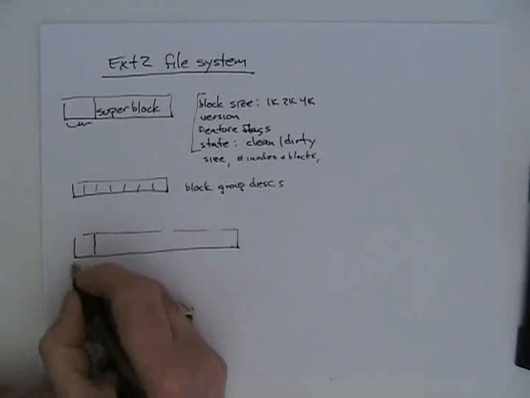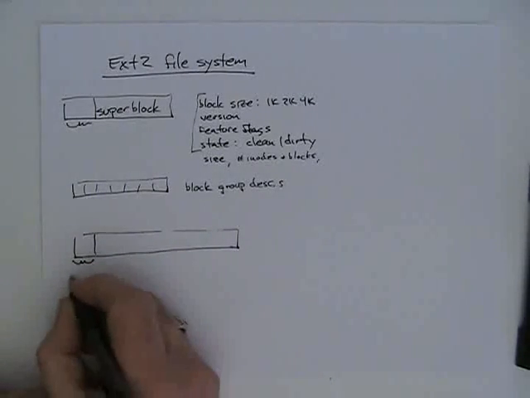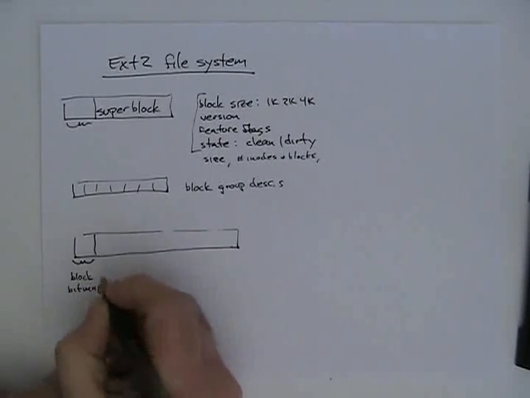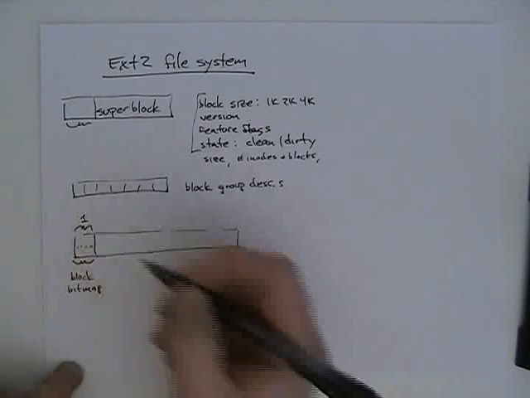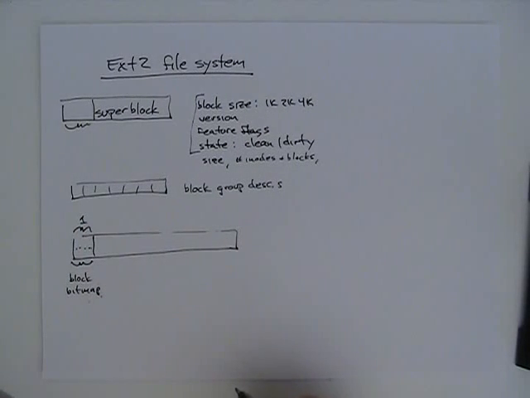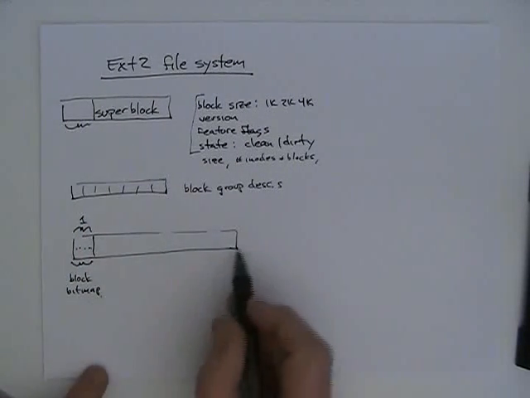So a block group has a block bitmap that's used for allocating, and this is one block. It's used for allocating blocks within this group.